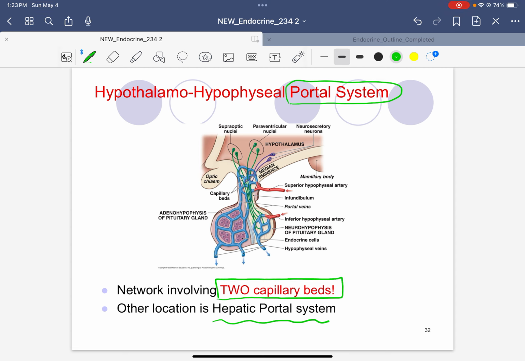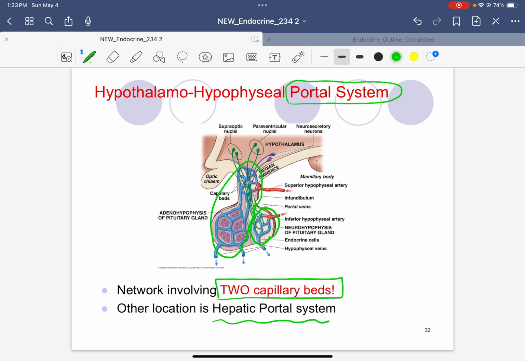We only have a two capillary bed network in and around the liver, the hepatic portal system, and between the hypothalamus and pituitary glands. So we have one capillary bed there and a second capillary bed there. You just need to know it exists between the hypothalamus and the pituitary.